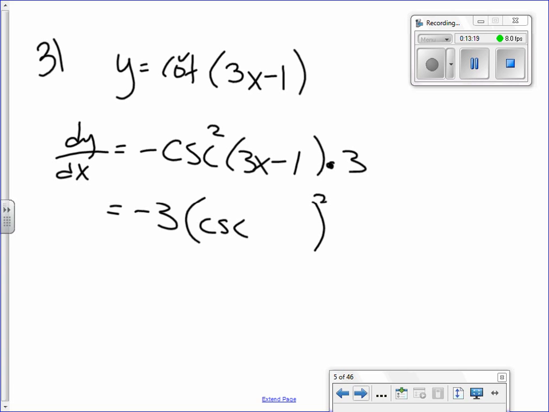I'm going to rewrite it before I try taking the derivative. I don't want to leave that squared here. So I open the parentheses in front of the trig function, and I close it after the angle. That's what's being squared. So there's our first derivative. Now we want to take the derivative of that.